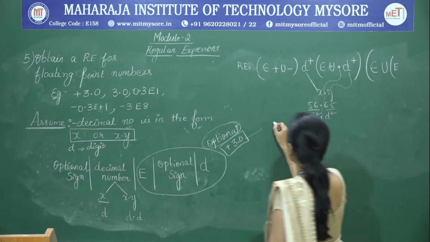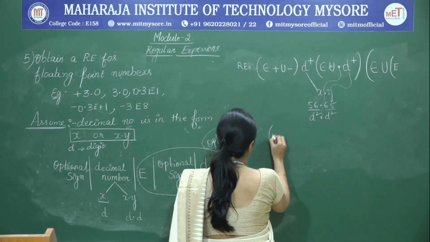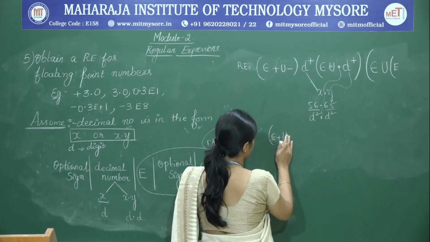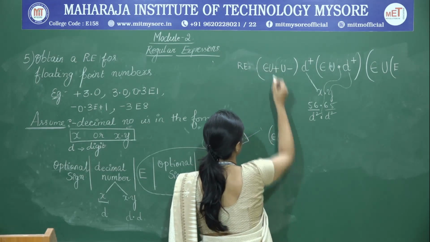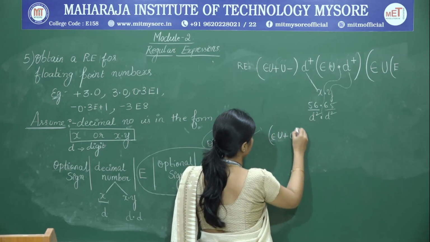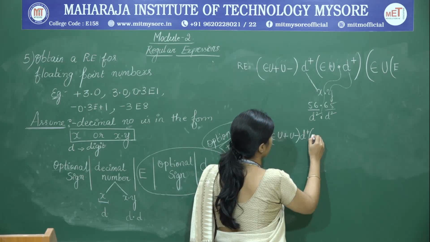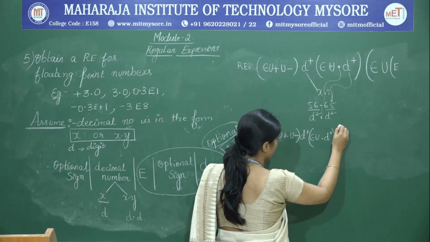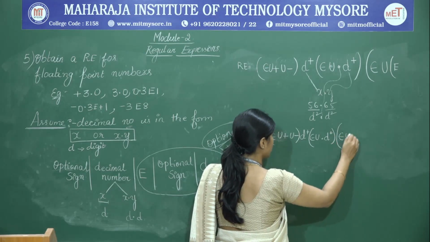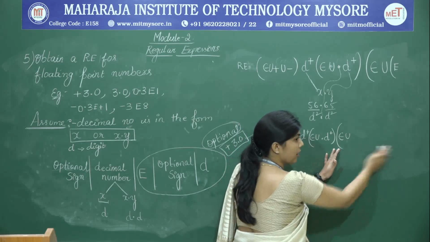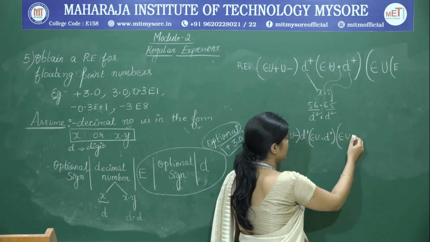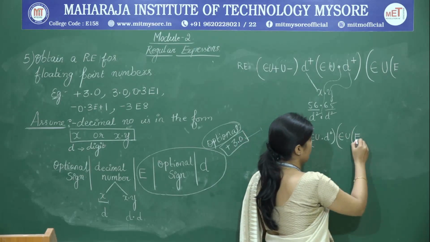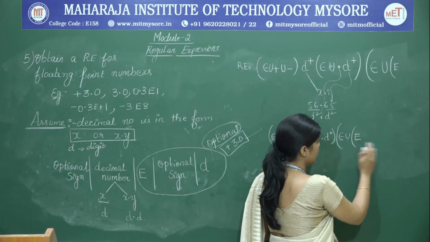I will try to continue here as a single expression. We have already written epsilon union plus union minus, d plus, then we have epsilon union dot d plus, and then we have epsilon union. We are making this entire part optional now. So epsilon union, then E. In case the exponent is present, we will be picking up something from this.